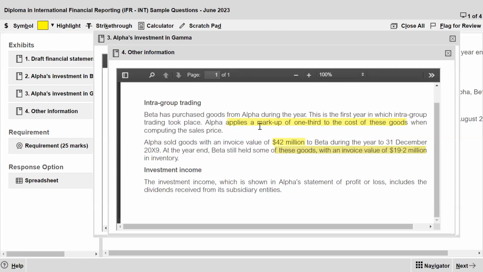Is it about 14 million profit? 14 million? Yeah.